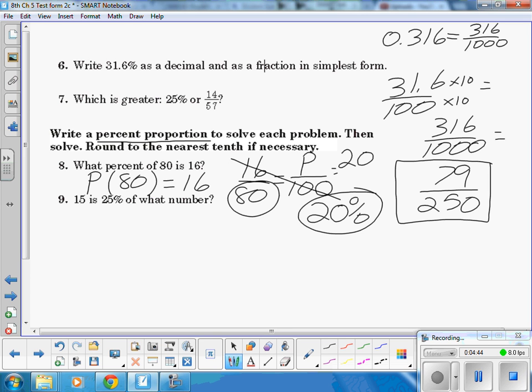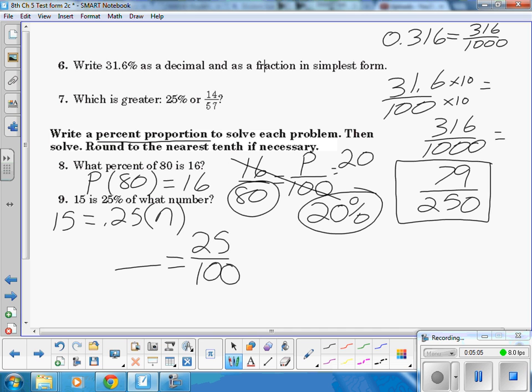For number 8. Number 9 is 15 is 0.25 or 25% of what number? Again, that's one way, or the percent proportion. The percent is 25% out of 100.